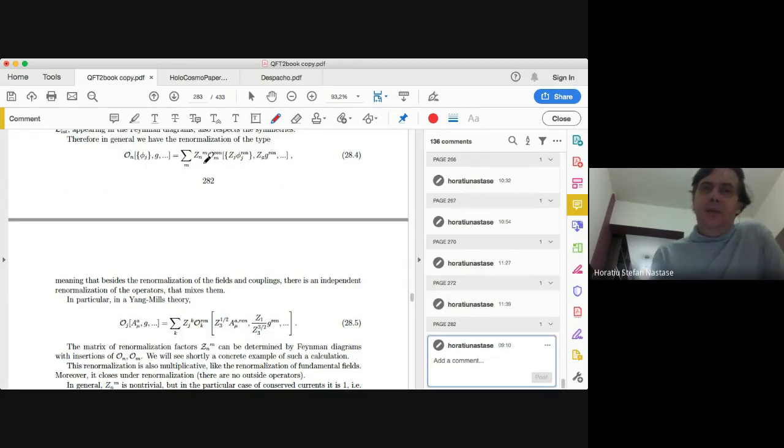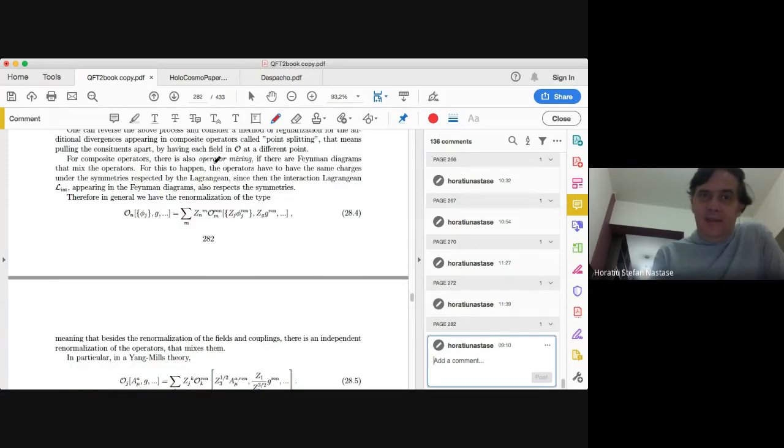So there's an extra divergence due to the operator being composite, and so there should be an extra renormalization for the operator. And moreover, as I said, there's this operator mixing. So it's not that O_n is Z_n times O_n renormalized, but in fact they can mix: O_n is Z_nm O_m renormalized, with a sum over m.